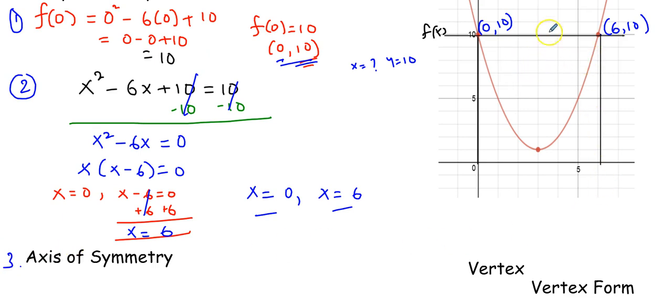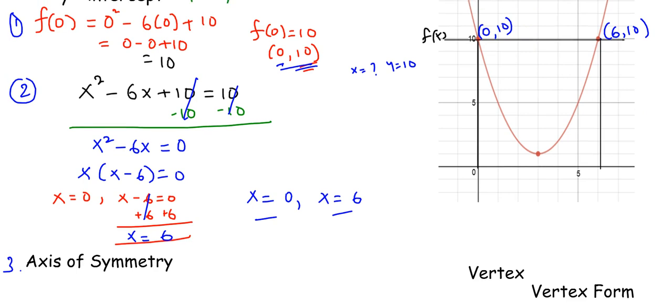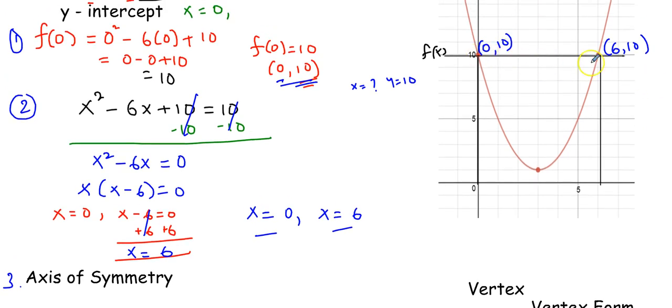It is a line which is halfway between these 2 points. So find that x value which is exactly halfway between 0 and 6. That is nothing but the midpoint. Using the midpoint formula you can do, or just directly find the average of those x values, because the y value is just the same, 10 and 10.